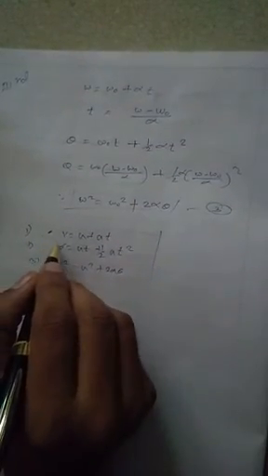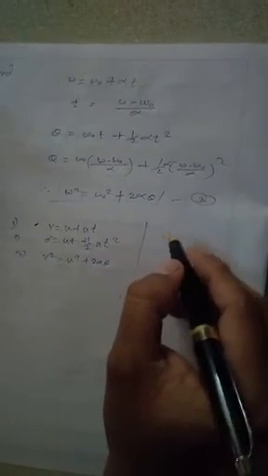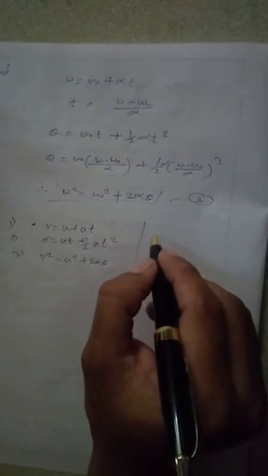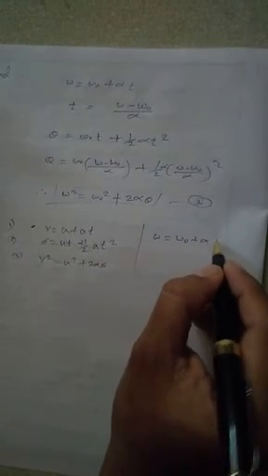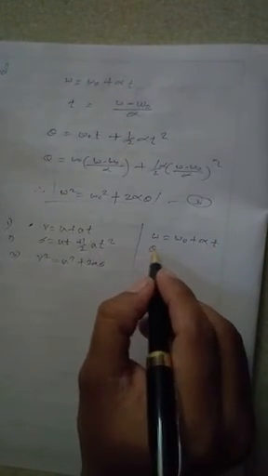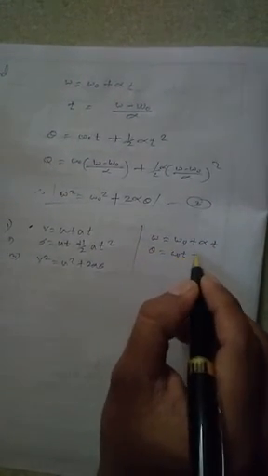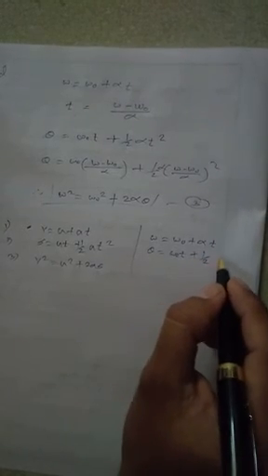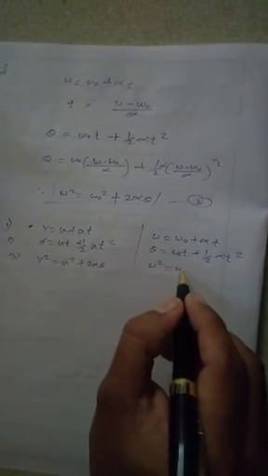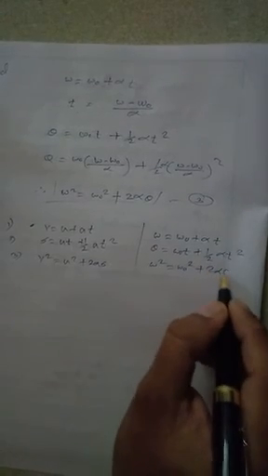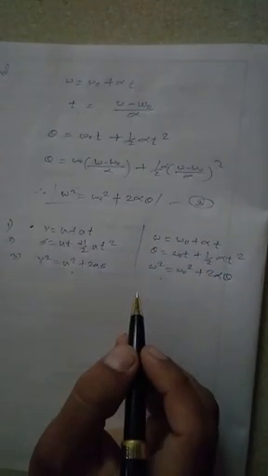This is for the linear motion. Next, for the angular, that is rotation motion, we derived that omega is equal to omega naught plus alpha t, then theta is equal to omega naught t plus half alpha t square, and third is omega square is equal to omega naught square plus 2 alpha theta. So this is for linear and this is for the angular motion.